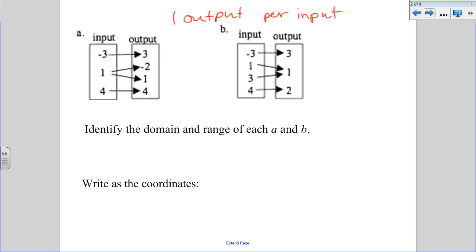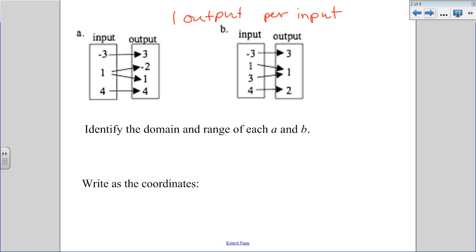How many outputs does it have? 2. And so, ladies and gentlemen, we would look at this as not being a function, and then we have 4 to 4. Here we have 3 to 3, 1 to 1, 3 to 1, and 4 to 2. When I look at this, each one only had one arrow coming out of it, so it looks like I'm able to identify my function from my non-function.